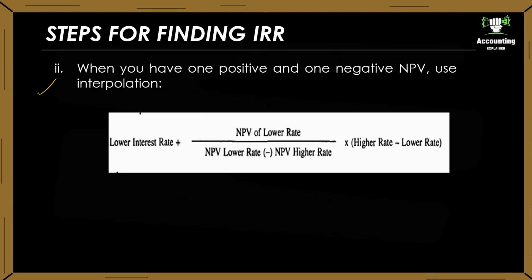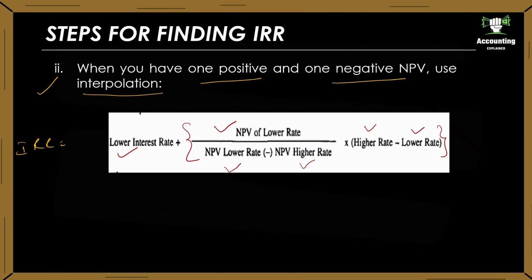Now step 2. After we have found out one positive NPV and one negative NPV, we are going to use the interpolation technique and find out the IRR. So IRR is equal to lower interest rate plus, within brackets, NPV of lower rate divided by NPV of lower rate minus NPV of higher rate, into higher rate minus lower rate.